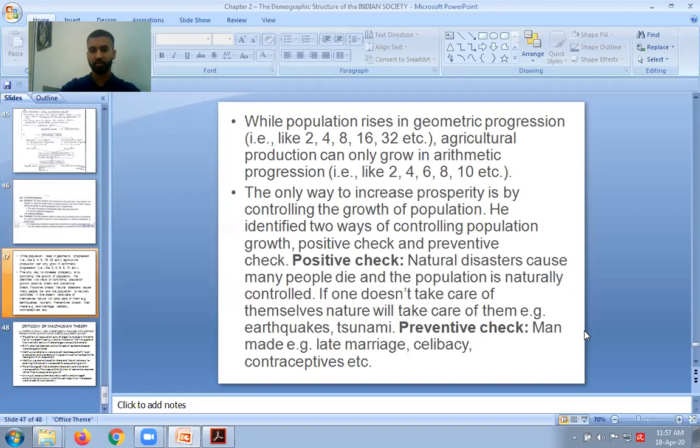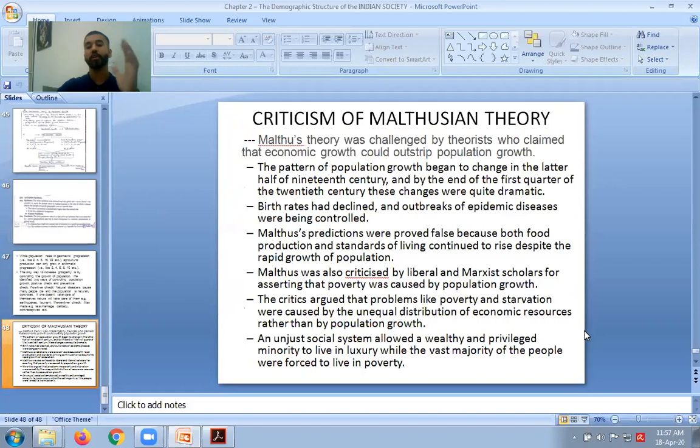Okay, this is the same thing. Positive check, preventive check, the solutions that were given by Robert Malthus. Okay, criticism of Malthusian theory. Look, criticism of Malthusian theory is also important. So Malthus was worried about this imbalance between population growth and food production.